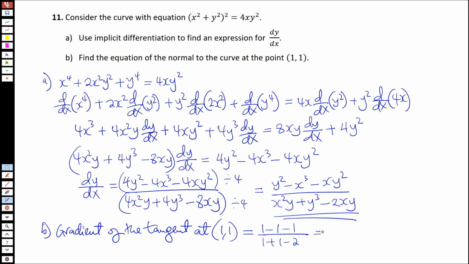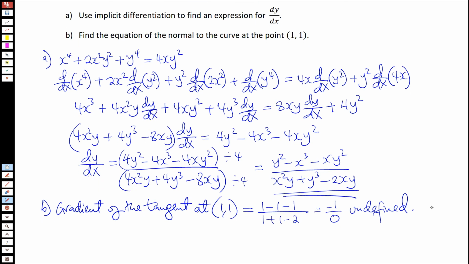And this will be equal to negative 1 over 0, which is undefined. So what does that mean? It means that the tangent at this point is vertical.